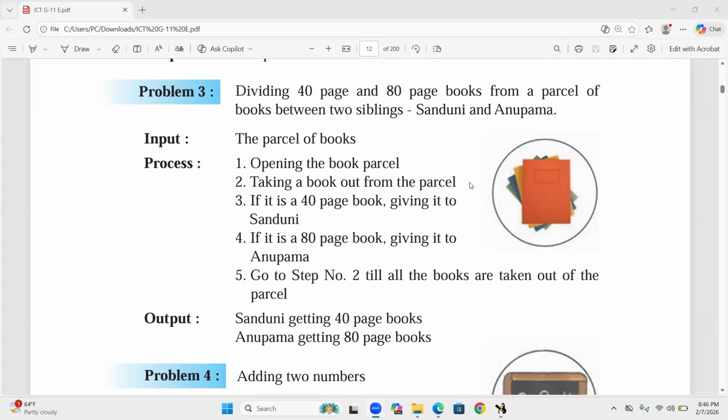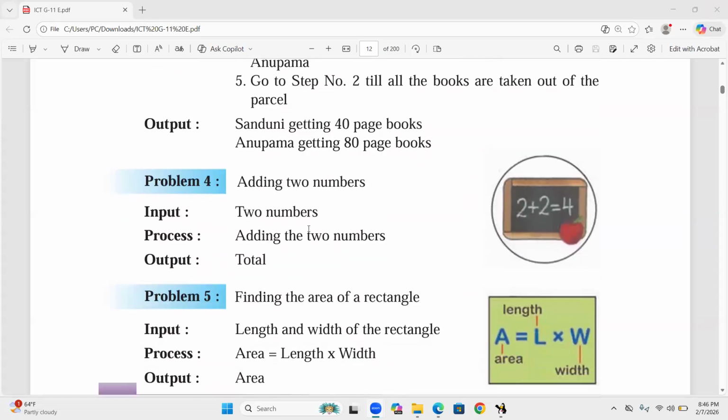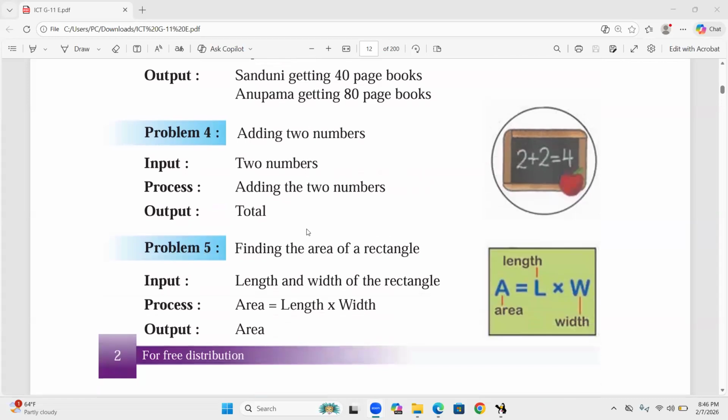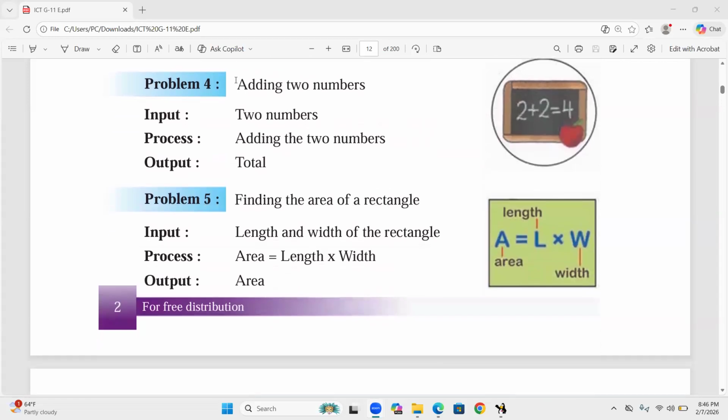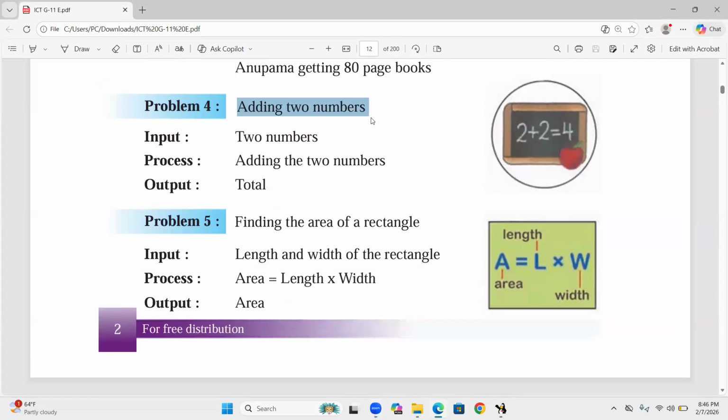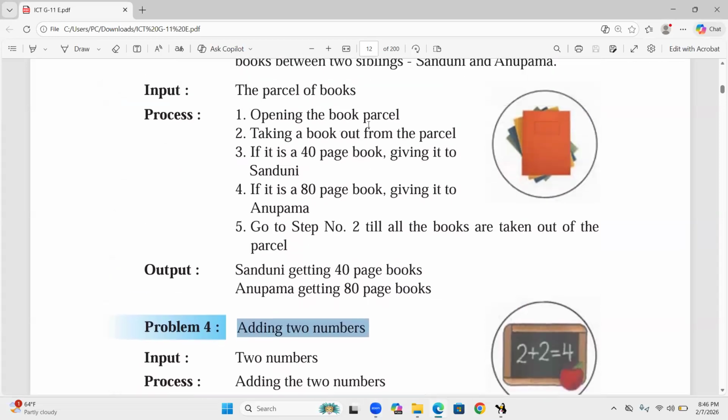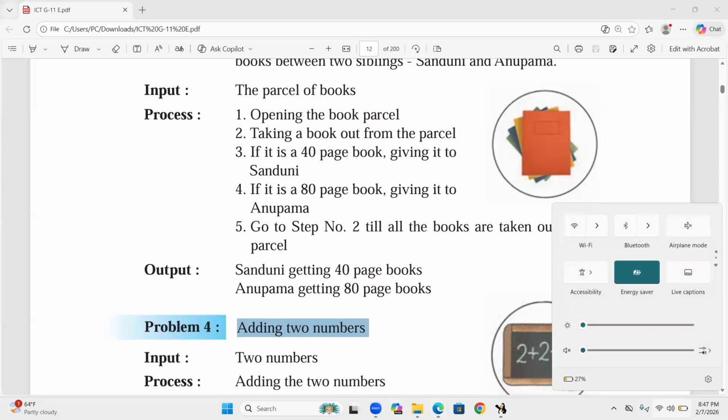Okay, right. So one more problem is there. Problem number 4, adding two numbers. By adding two numbers, you can find the total of the two numbers, right? Okay. Can you hear me? Yes, sir. Right.